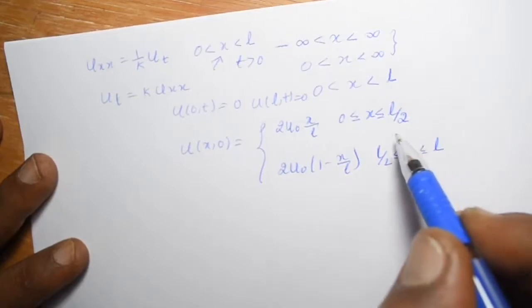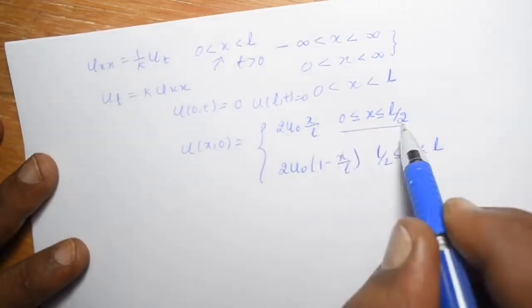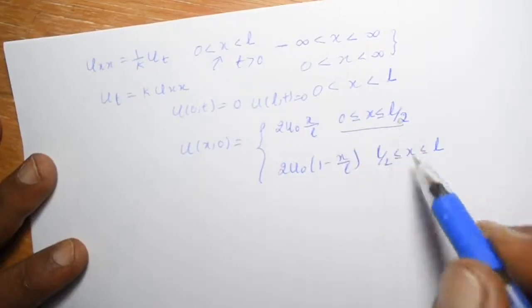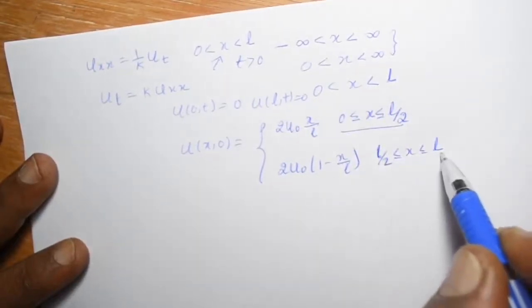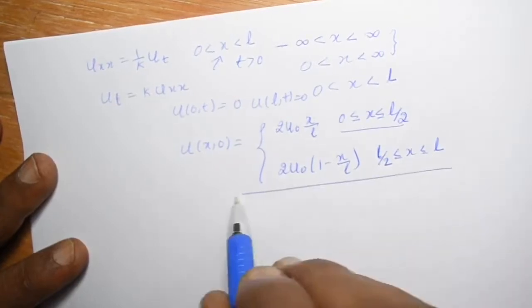So it is defined in two subintervals: one interval is 0 to L by 2 and the other is L by 2 to L. Okay, this is the initial condition.